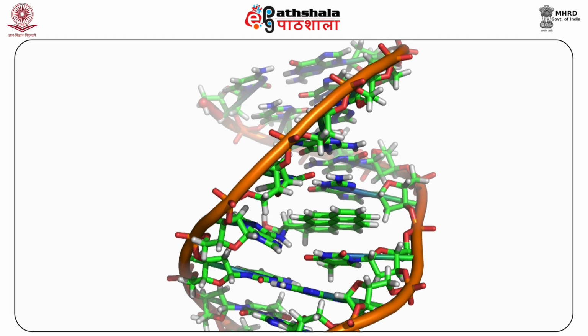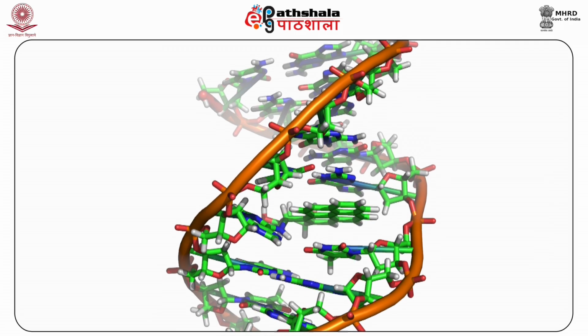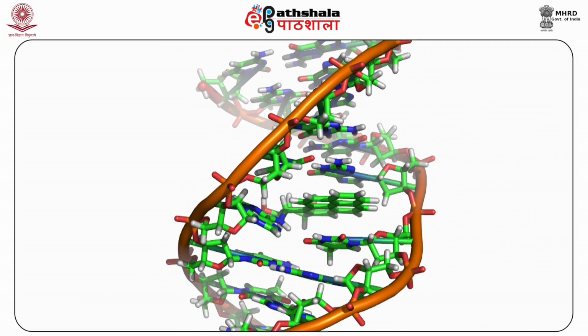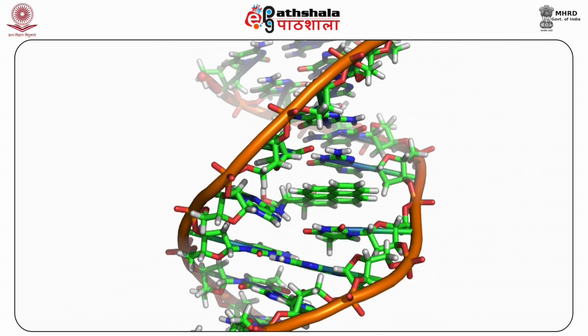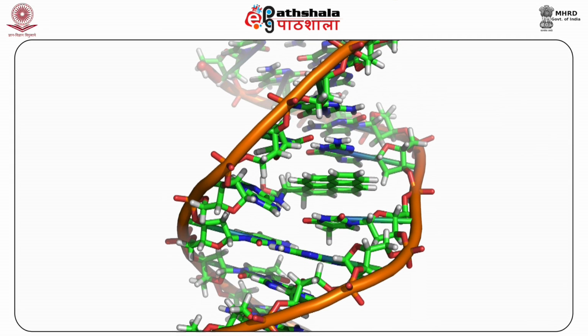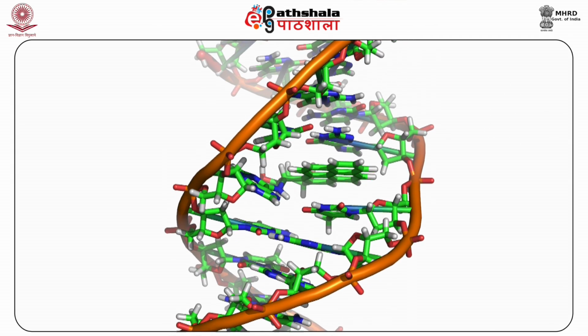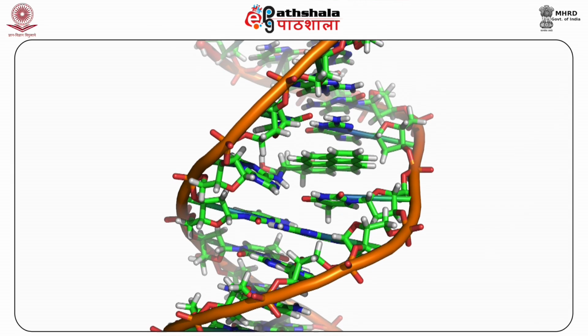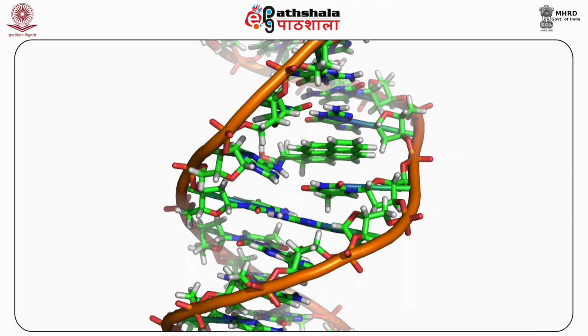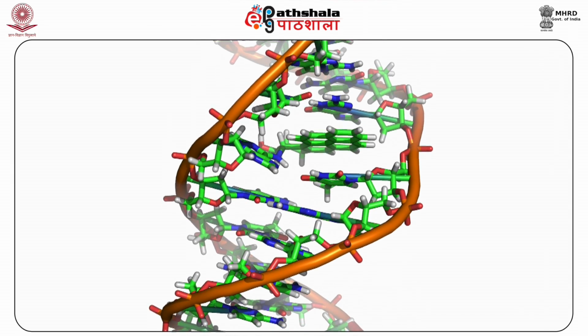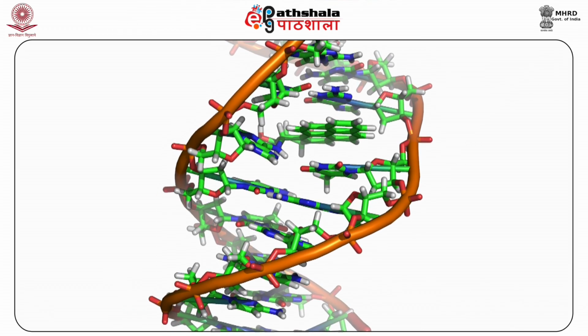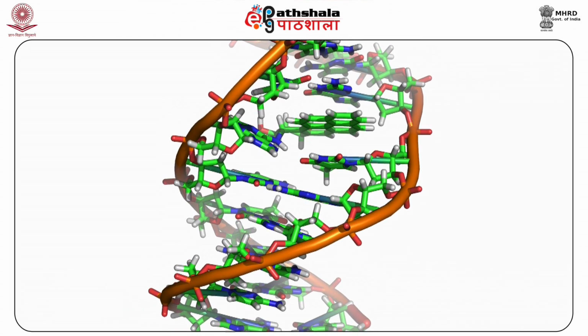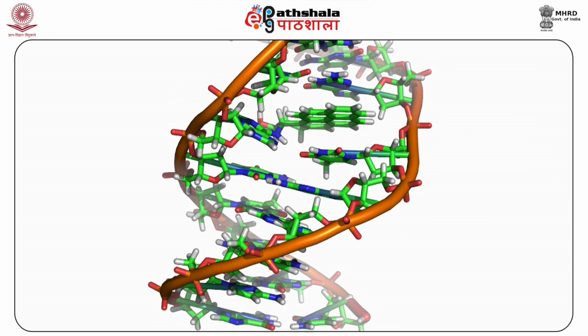Error-prone replication bypass. There is increasing evidence that the majority of spontaneously arising mutations are due to error-prone replication or translesion synthesis past a DNA damage in the template strand.